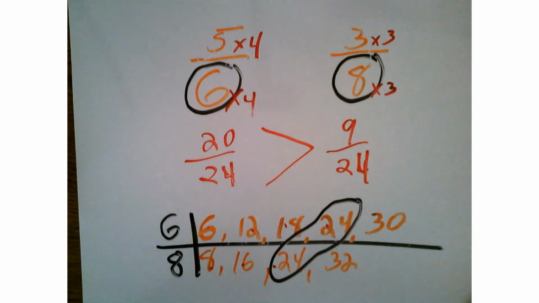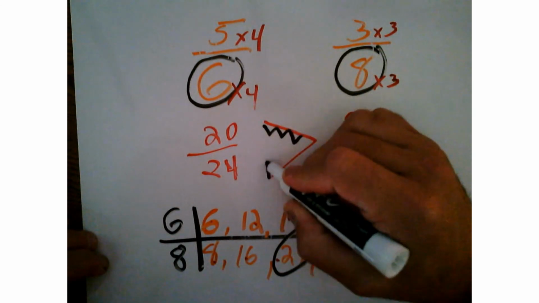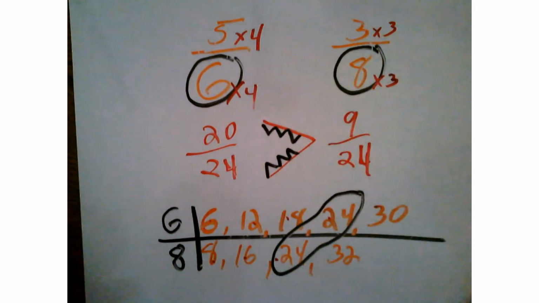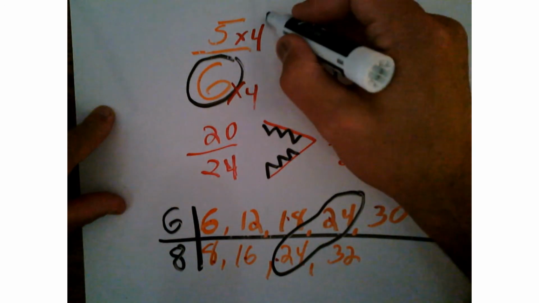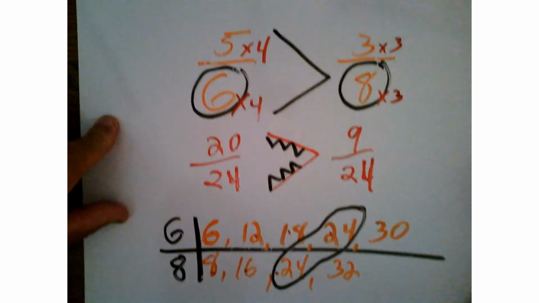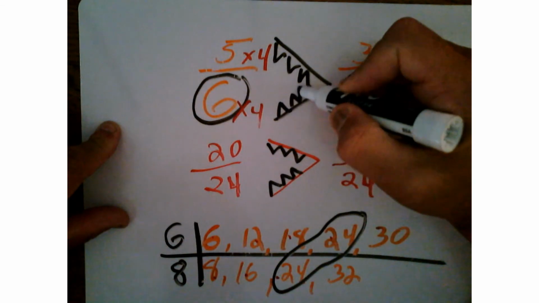So 20 24ths is greater than 9 24ths. If you forgot which way the greater than sign goes, just put little teeth in there so you know the alligator is eating the bigger number. So since these are equivalent, that also means that 5/6 is greater than 3/8. Yummy, yummy, yummy. Not a lion eating. That's bad.